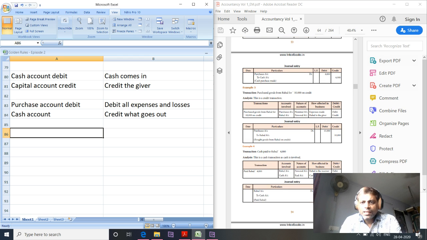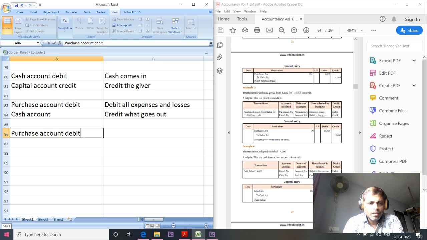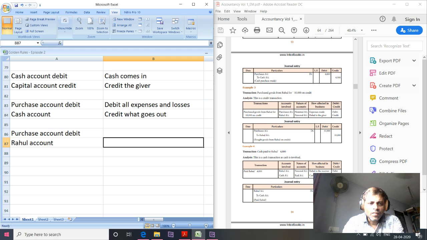The third example is purchase goods from Rahul for 10,000 on credit. This is interesting. So you have to debit purchase account here and credit Rahul account, because it is a transaction on credit. And we saw that a liability account will always have a credit balance, and Rahul being a creditor will have a credit balance.